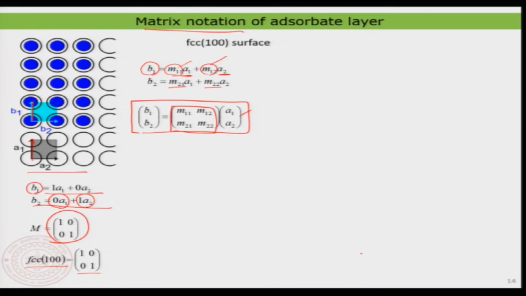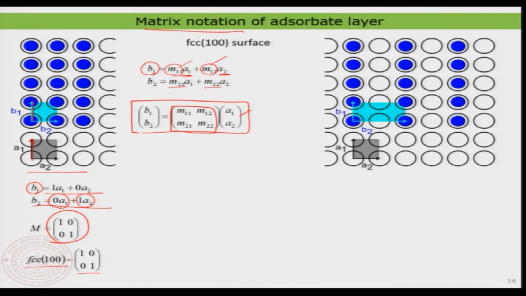Here it is not hugely surprising, but for more complex surfaces you will see it becomes more interesting. Now, let us look at this one. This is a 2 by 1 superlattice. If I want to write down the matrix notation, I have to express the unit lattice vector of the Adlayer B1 in terms of A1 and A2.